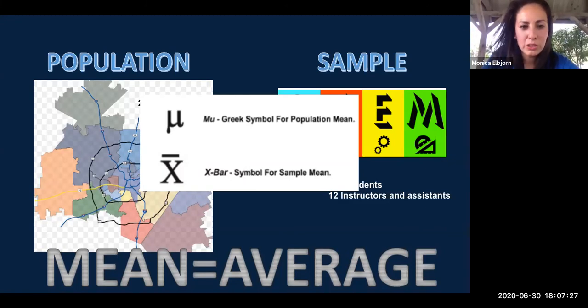What I want you to get here is that there are these two variables. The mu is a Greek symbol for the population mean, and the sample mean is kind of like an X bar. We'll go through it next class. We're going to see more of these Greek letters.